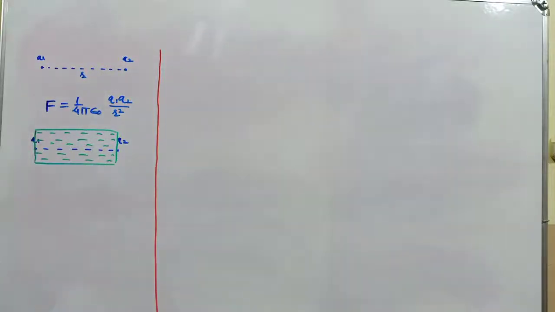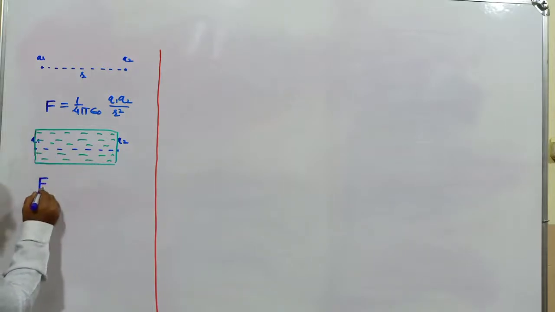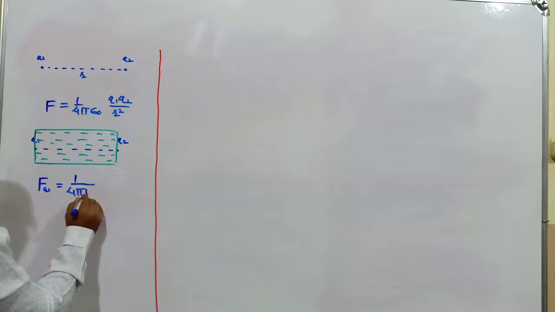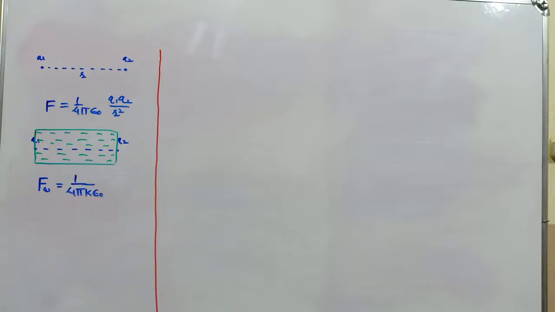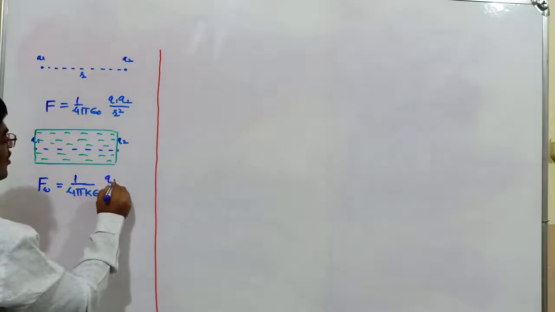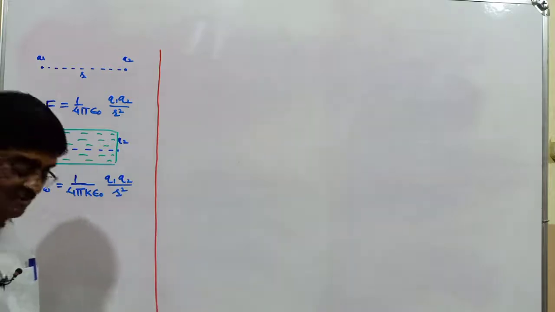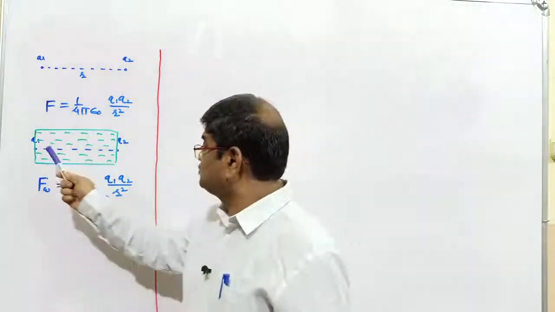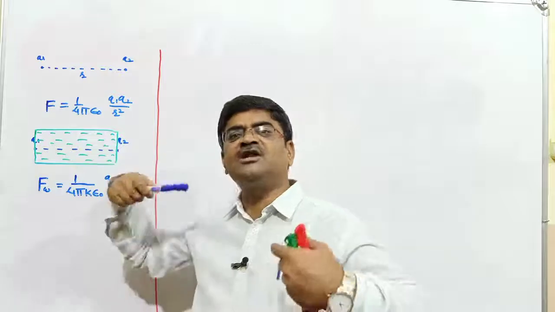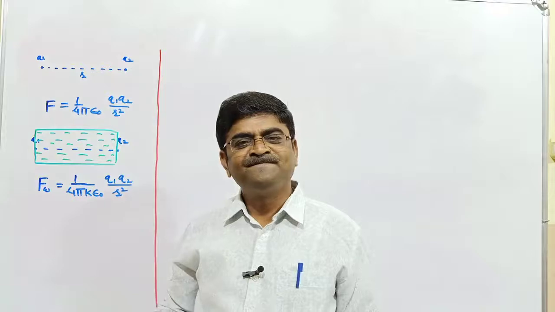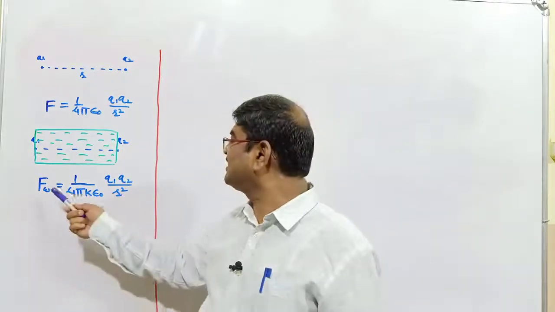In that case, the force between two charges in the water, or whatever the media, is 1 upon 4 pi K into epsilon naught, Q1 Q2 divided by R square. Got my point? When the two charges are placed completely in another media at a separation R, the force between those two charges is given by this equation.